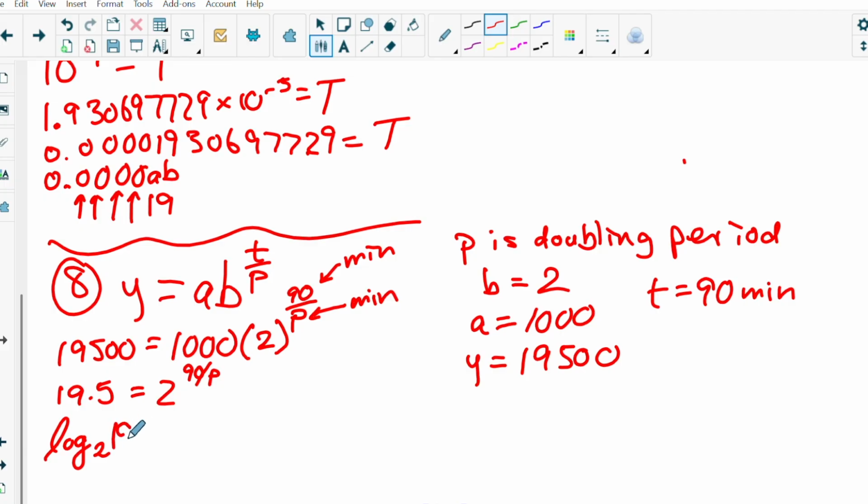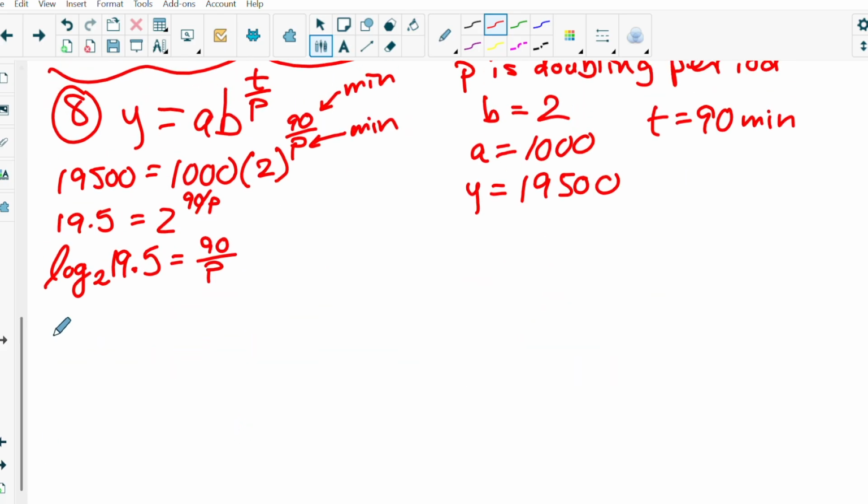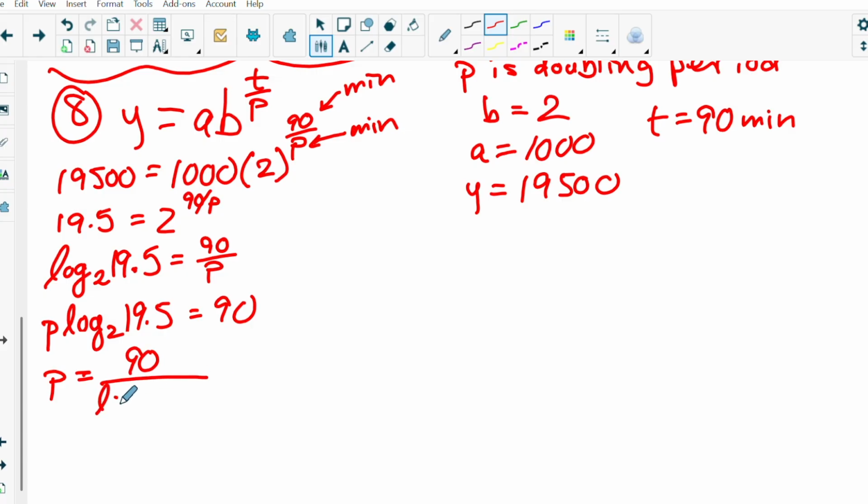The argument is 19.5, and that equals the exponent, 90 divided by p. Multiply both sides by p: p log base 2 of 19.5 equals 90. Divide both sides by log base 2 of 19.5. So p equals 90 divided by log base 2 of 19.5.